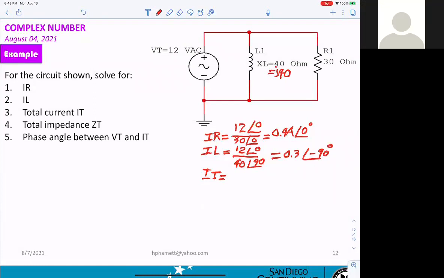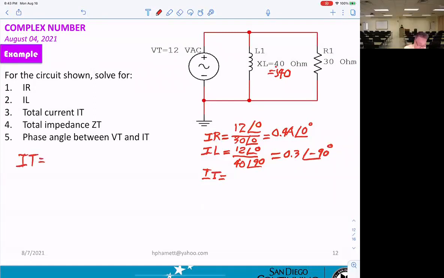However, when you plot, you have to use rectangular, right? I total equals IR plus IL. IR will be 0.4.